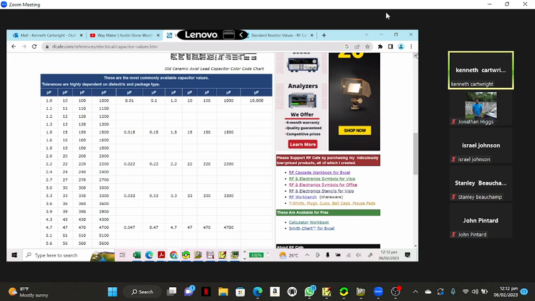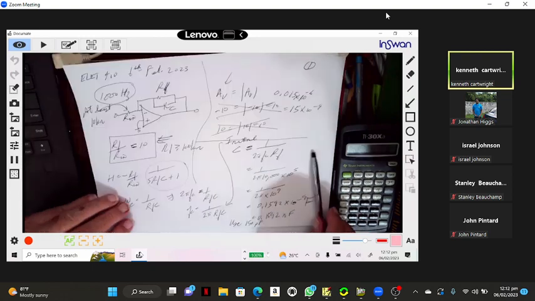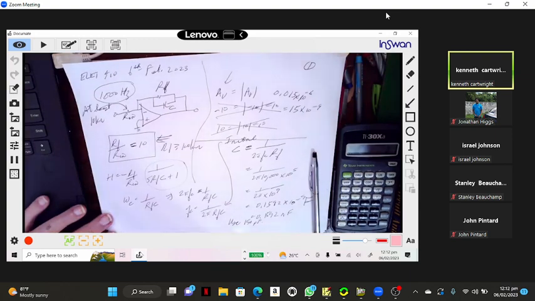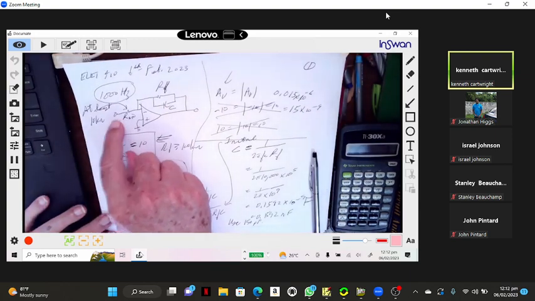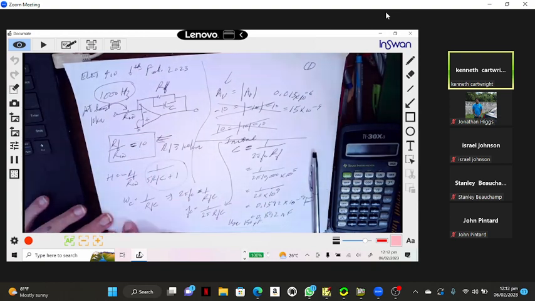Okay. Let me tell you what we got so far. I want a cutoff frequency of 1,000 hertz. If I assume the input impedance is 10 kilo ohms, then RF has to be 100 kilo ohms, because we need a gain of 10.